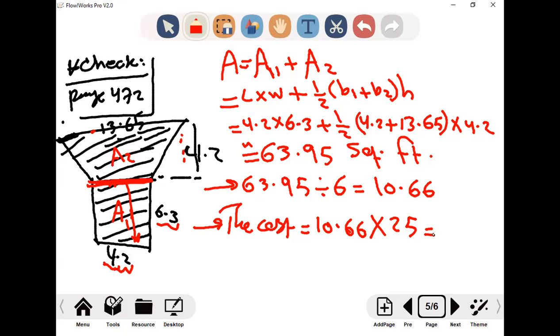It will be $266.5. Rounded, meaning around.